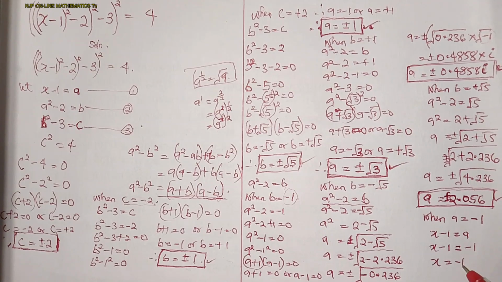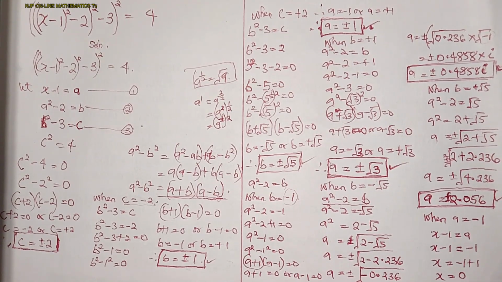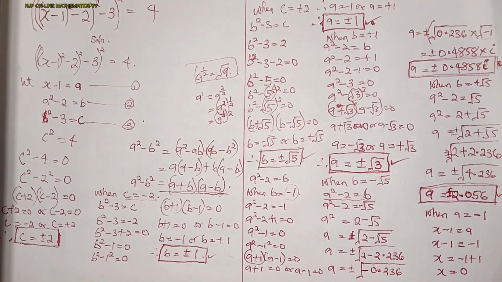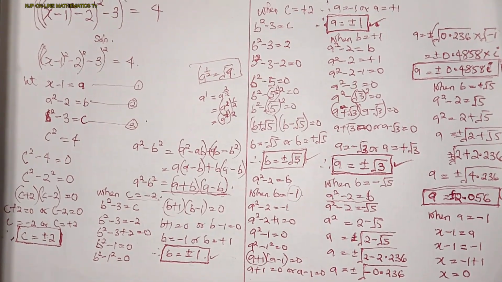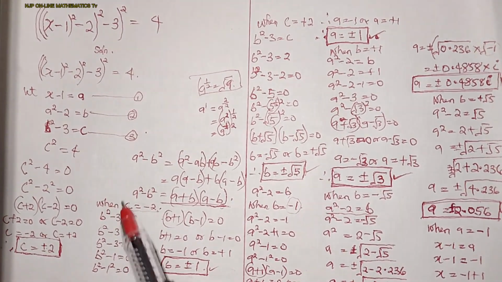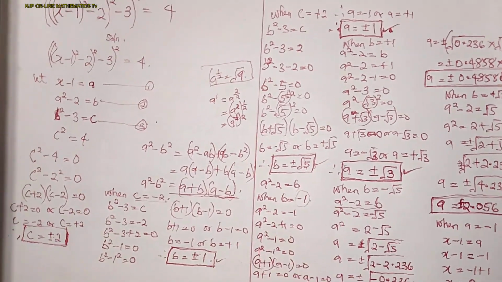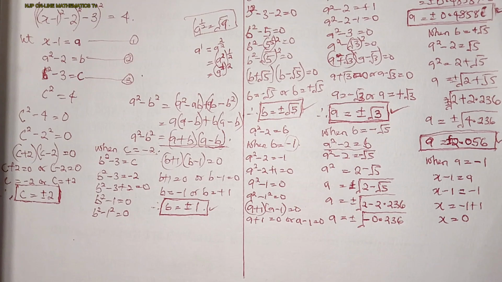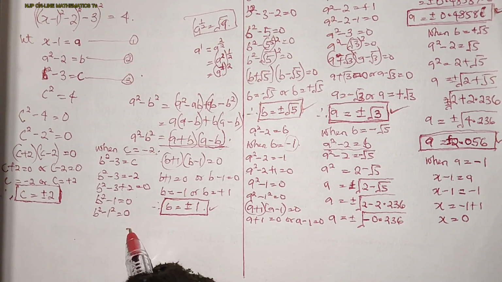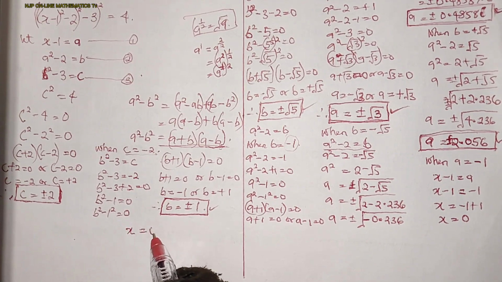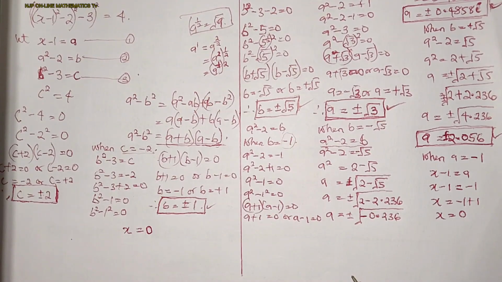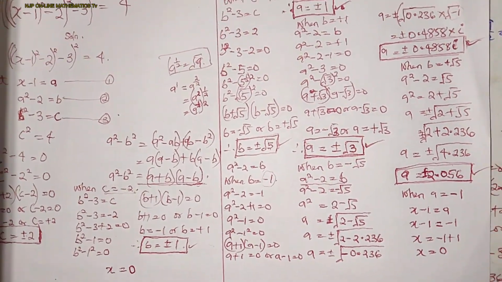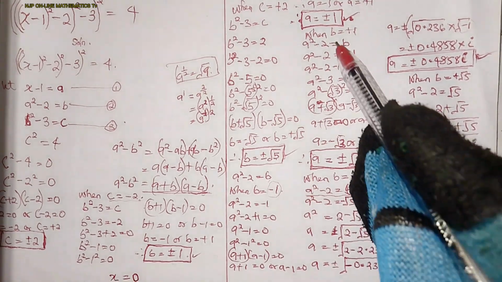We are having -1 plus 1, and this is equal to 0. Therefore, we have now obtained the first value of x to satisfy this equation. This is x equals 0, the first value of x.